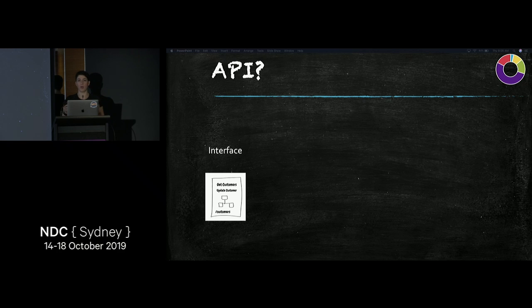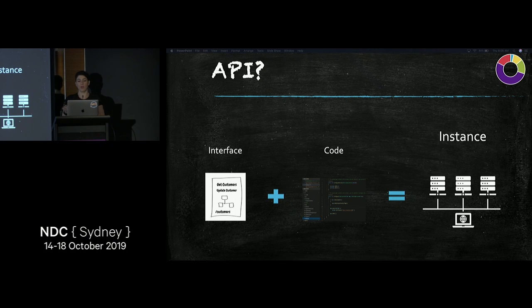Each API has two elements: the interface, which is how we expose things, and the code, which is what is behind the interface. The combination of these two is an instance. So when I say API, I mean an interface and implementation deployed somewhere on a server in production. I don't mean whether it's on-prem or on cloud, it's just something deployed there.